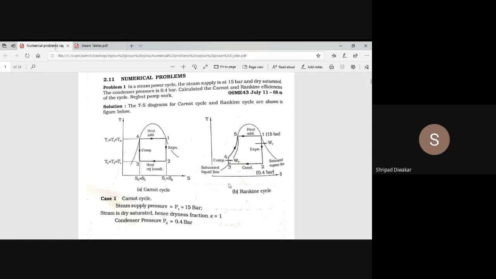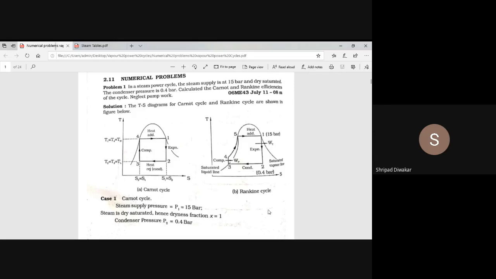As I said, in case of steam power plant, we are having pump instead of compressor. That is called as pump work, and that is compression work, 3 to 4. Next 4 to 5 is your regeneration work, and then 5 to 1 is the heat addition at a constant temperature.